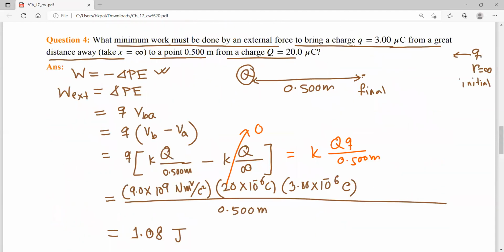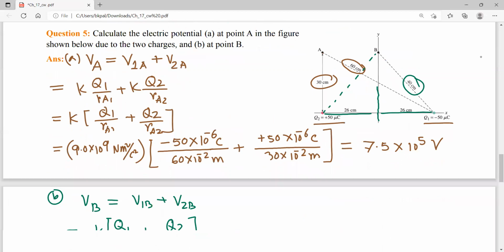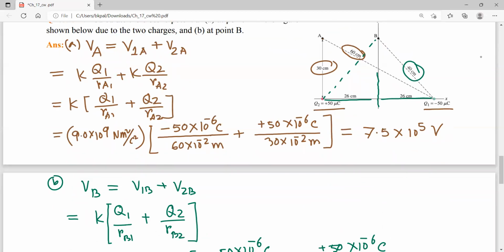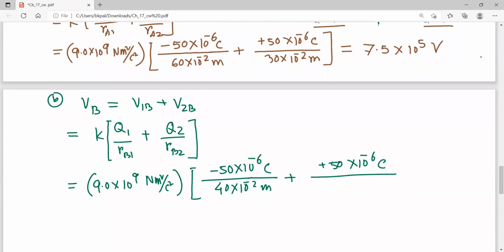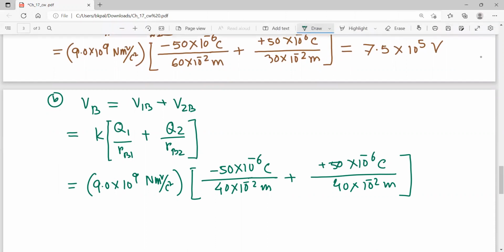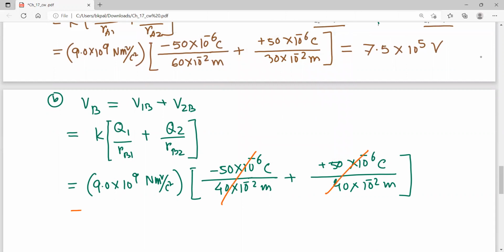You can use the Pythagorean theorem to do that, but you don't even need to; by symmetry you can determine that it is 40 centimeter, so 40 times 10 to the power minus 2 meter. Now you see that the first term is negative and the second term is positive, and the magnitude is exactly the same, so they basically cancel each other. So the value of VB will be 0. The answer is 0 volt.